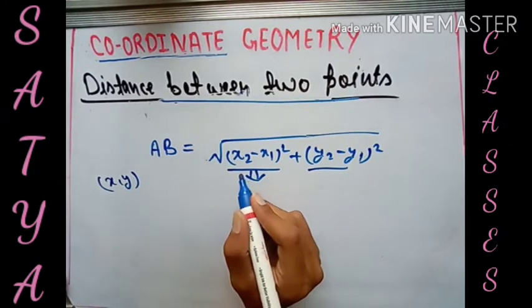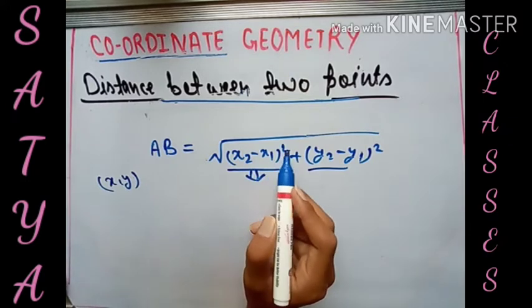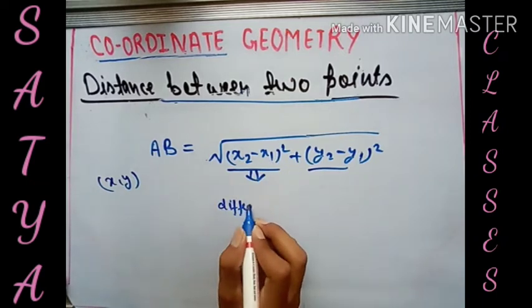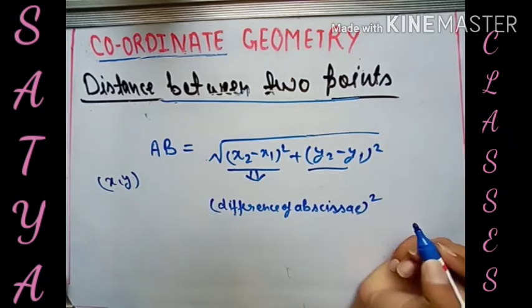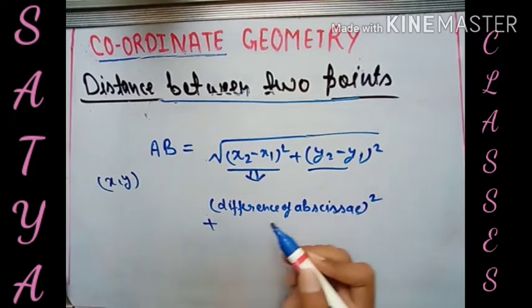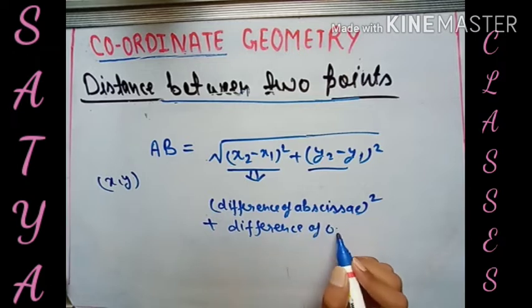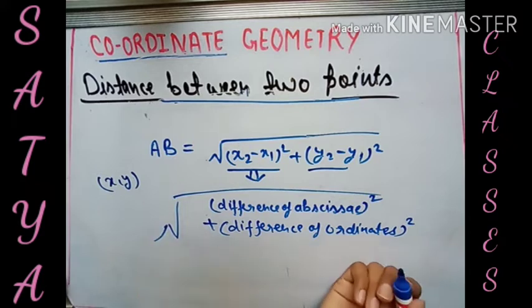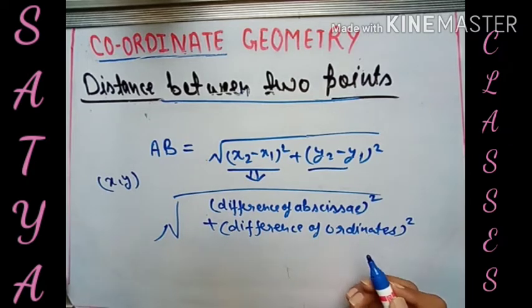Look here, this is the square of difference of abscissae. x2 minus x1 is the difference and square is its square, so write it as so. Now you can remember this formula as difference of abscissae square plus difference of ordinates square.